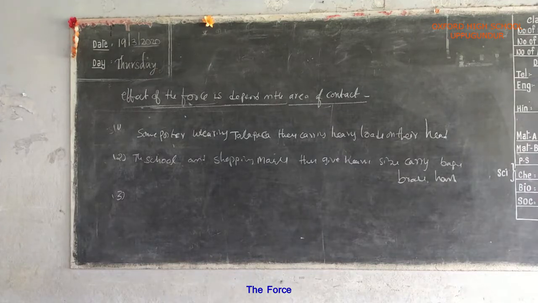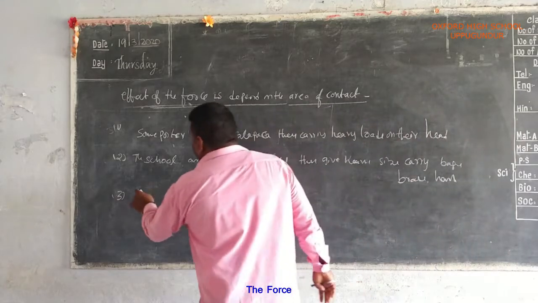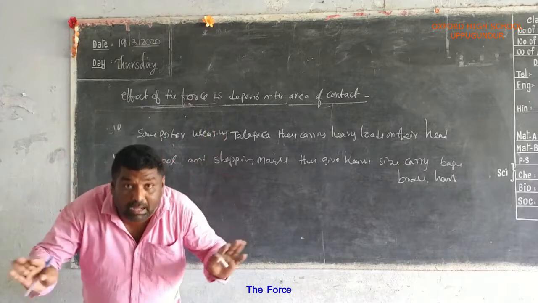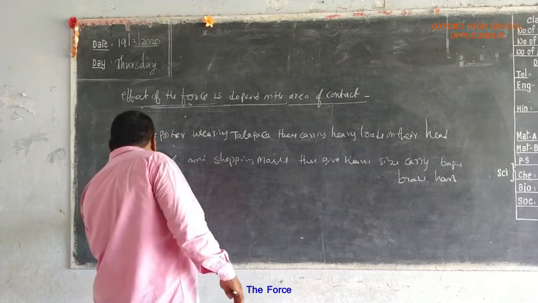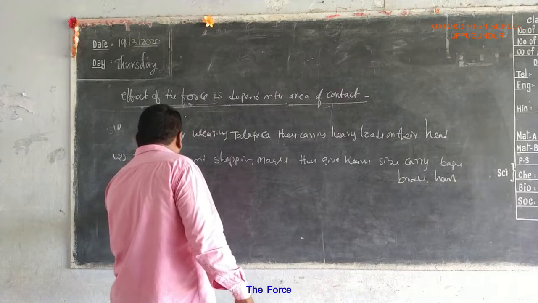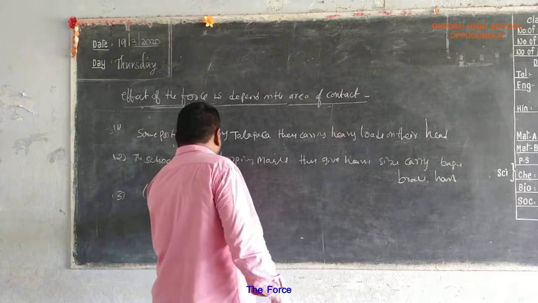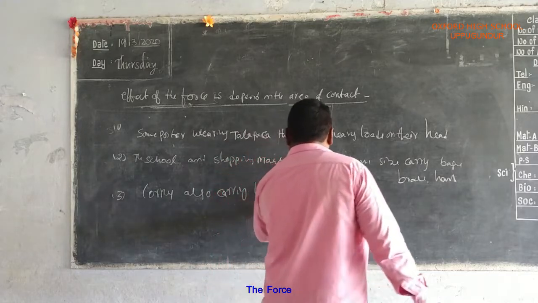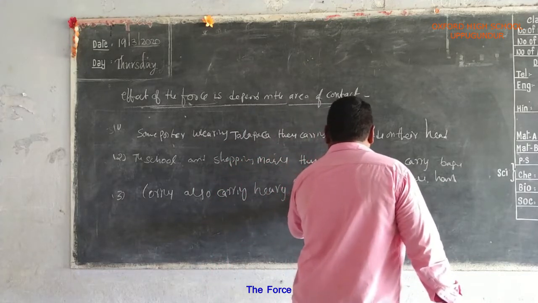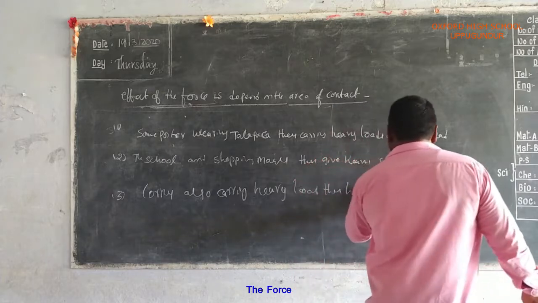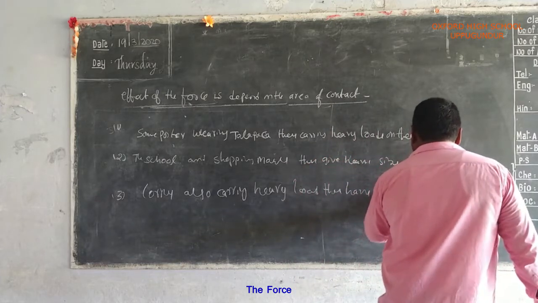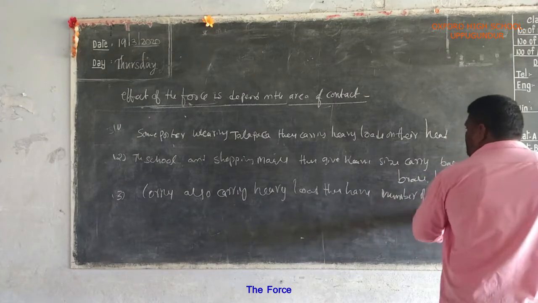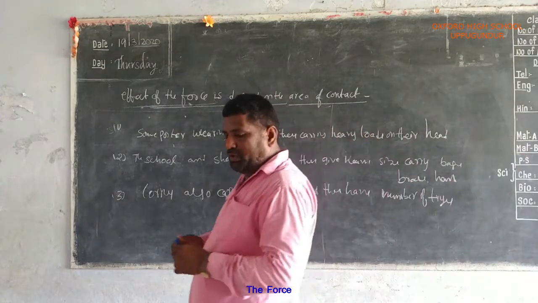And the third example, we see lorries also carrying heavy loads because they have a number of tires.